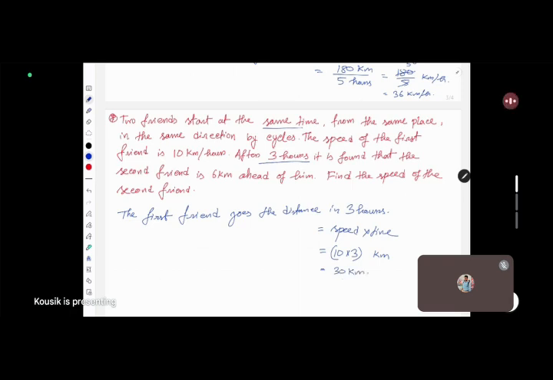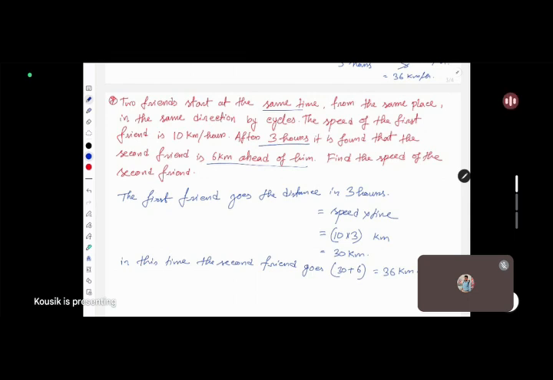So after this distance, the second friend is 6 kilometer ahead of him. In this time, the second friend goes 36 kilometer. হেড মানে কি? সামনে এগিয়ে গেছে। স্যার goes ওর জন্য ভুল করেছি। The second friend goes 36 kilometer ahead. That means he goes 36 kilometer.